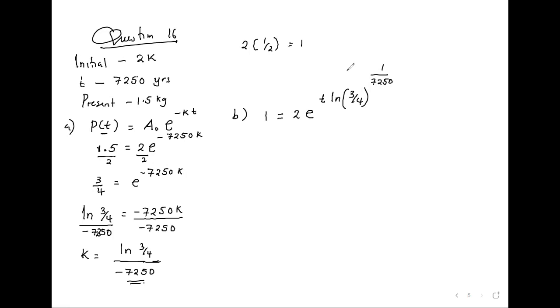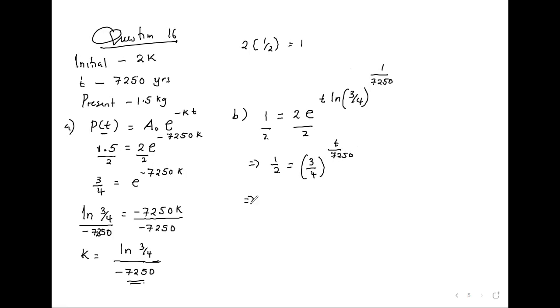So that this can be reduced. If you divide by 2, you divide by 2, then you have half is equal to, when you push the T up, that whole thing becomes 1. So you get 3 over 4 to the power T over 7250.